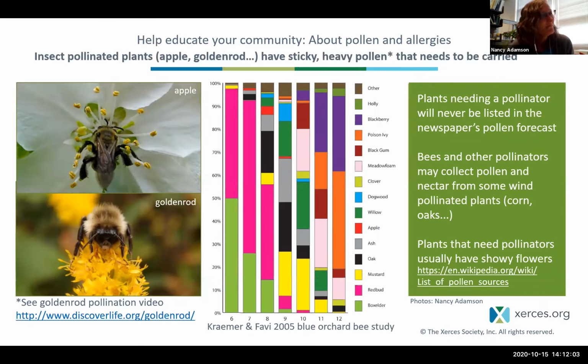And here's a fun look at pollen through the growing season. This is what a mason bee carried back to her nest. And so this is redbud, very important in early spring. Oak trees, who knew that oak would be so important for a bee? That's a wind pollinated plant. But in early spring, that's a big part of her pollen load.